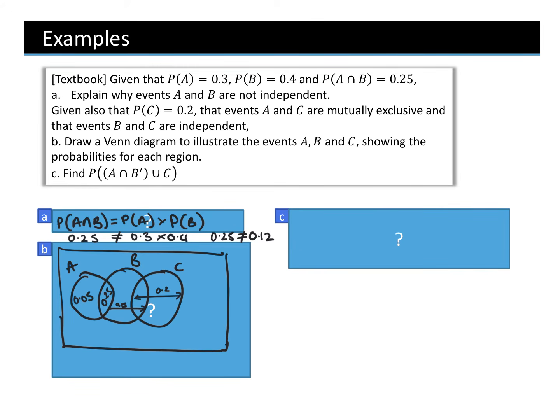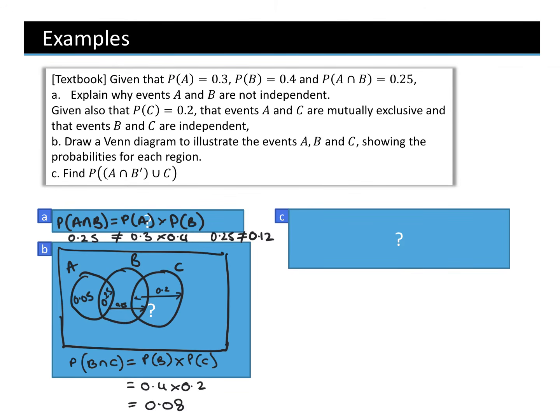It's told us they are independent. So we know the probability of B intersection C, because they are independent, is the probability of B multiplied by the probability of C. Now here, when we're finding the probability of B, it's the whole one, isn't it? So this is 0.4 times 0.2, which equals 0.08.